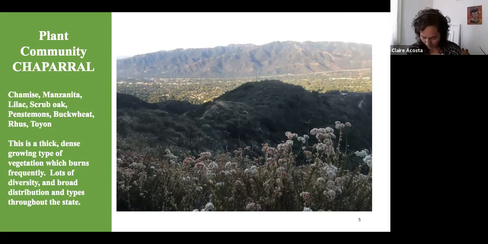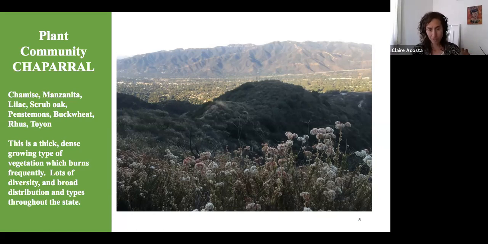Okay, second one would be chaparral. So chaparral is a little bit thicker, a little more dense, with woodier growing things. It's really more impassable, you can't walk through it easily unless there's already a path made, right? But it's woodier, denser, and there's a lot of diversity here. Oh, yes, and they have evolved with fire.